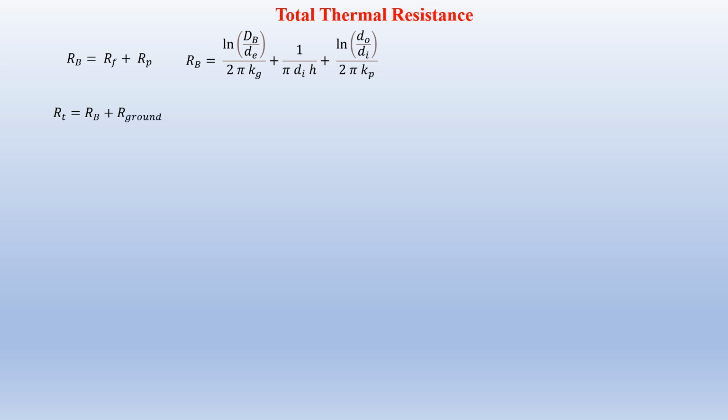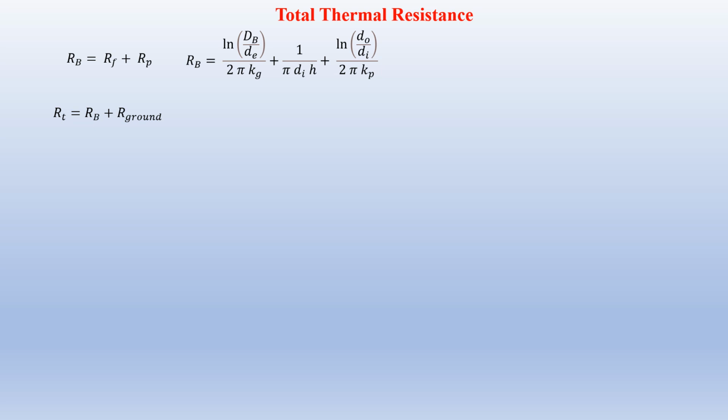And we have the total thermal resistance equal to R sub B, the borehole thermal resistance, plus R ground, which represents the soil thermal resistance.